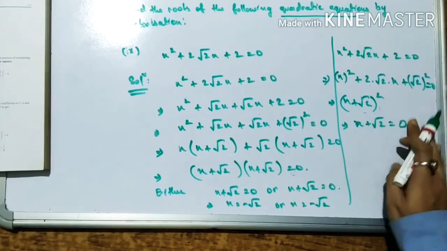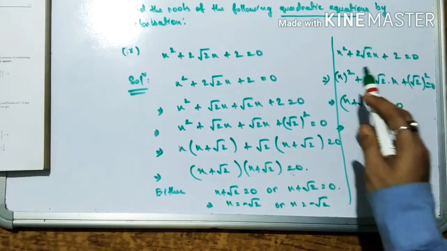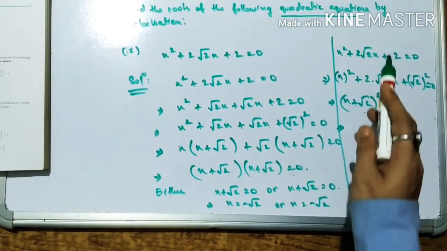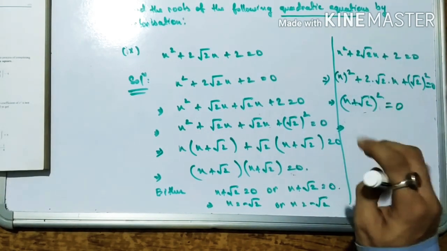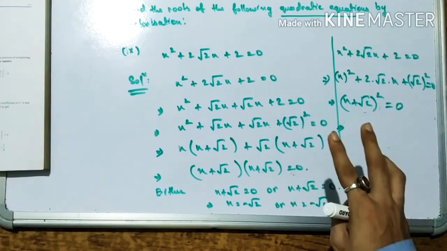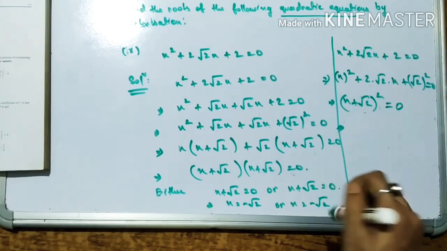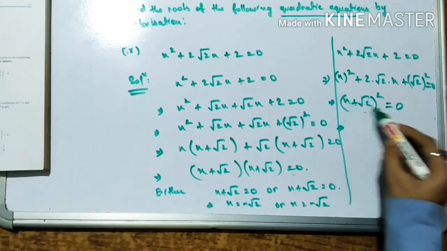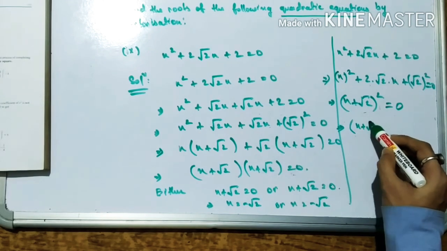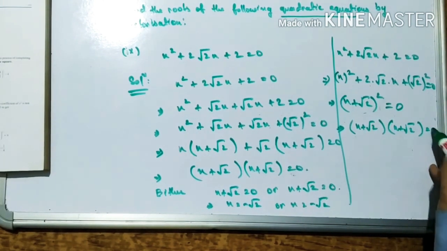Okay, so you see this one is equals to 0 I got. Since it is a quadratic equation, you will get 2 roots here. That means 2 values of x you will get. So therefore this one I can write as x plus root 2 into x plus root 2 is equals to 0.